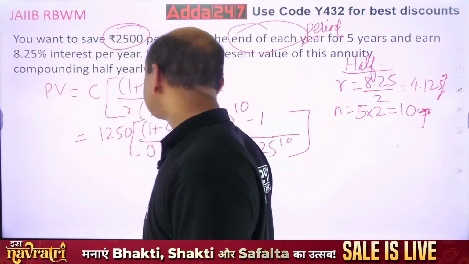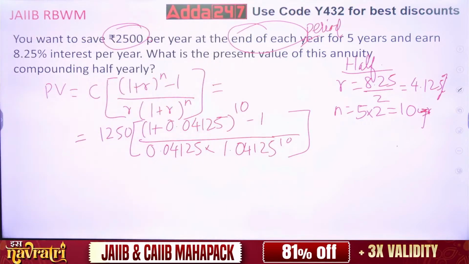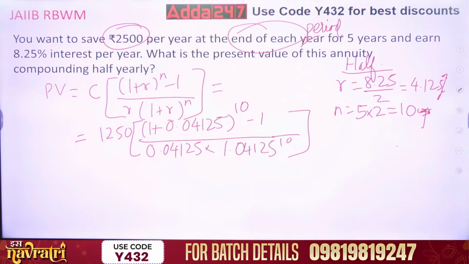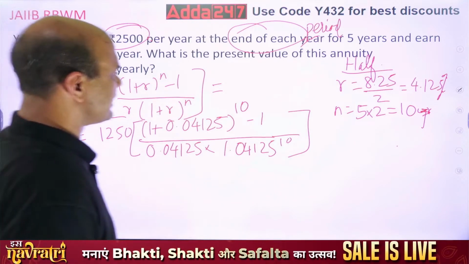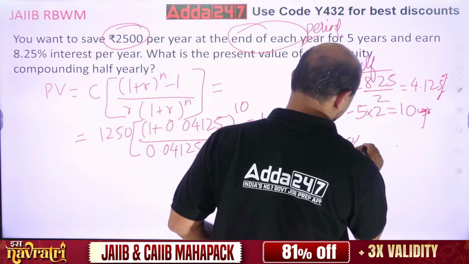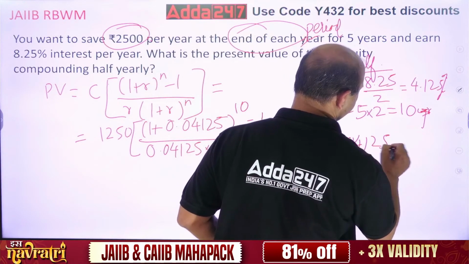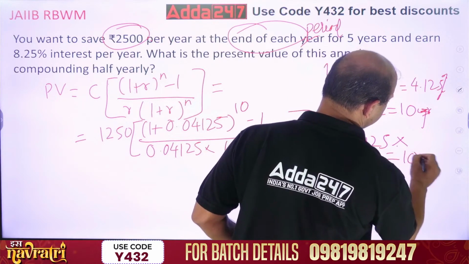So, first solve this, 1.04125. How will you solve this? Raised to 10. Write it like this, I'll show you over here. 1.04125 into, then press equal to 10 times.